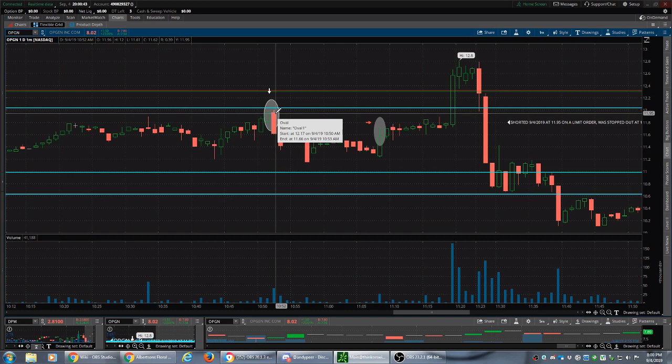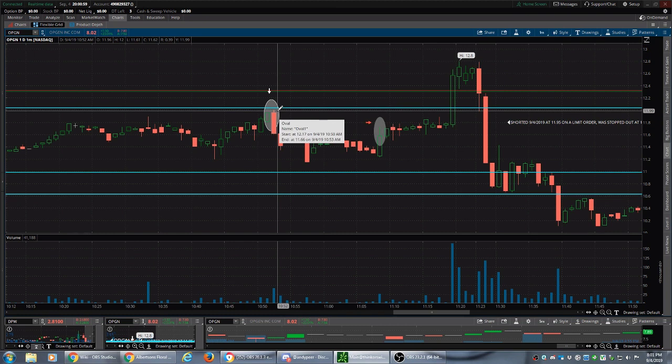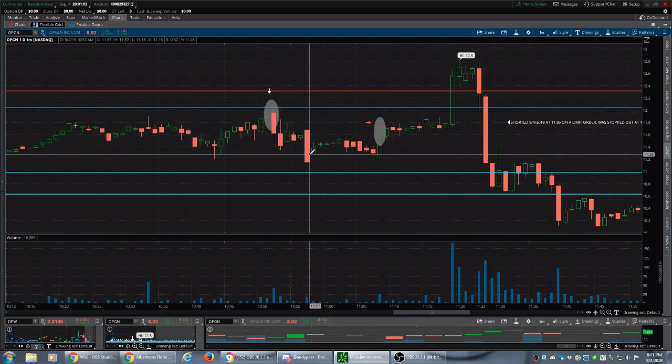I had to leave the computer, and so I set the limit order. So I came back somewhere around here, and I was way up, and I'm shorting it, of course. So I filled at 11.95. I came back, and it was down here someplace.